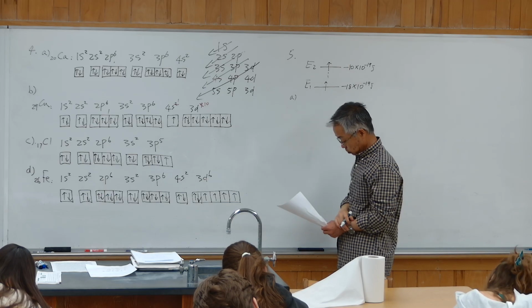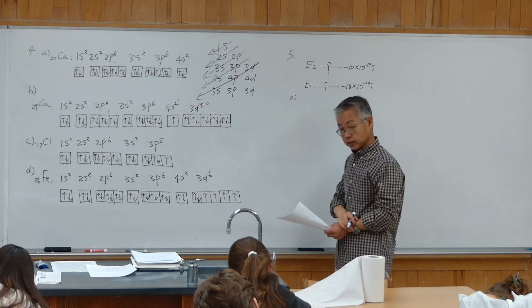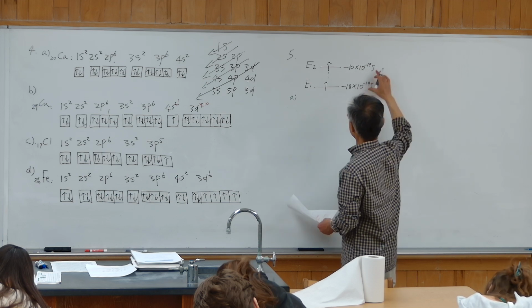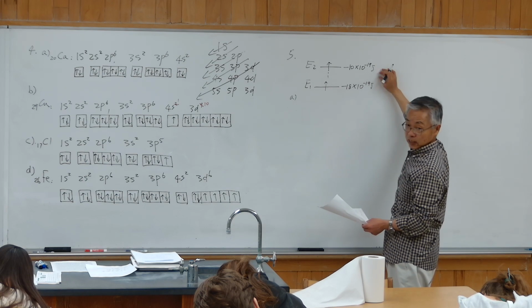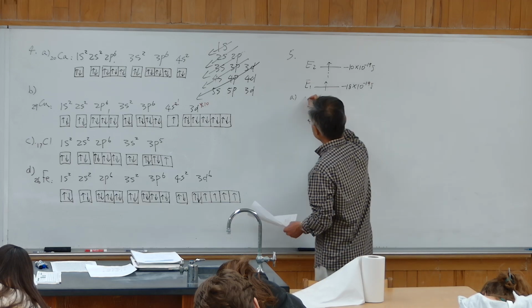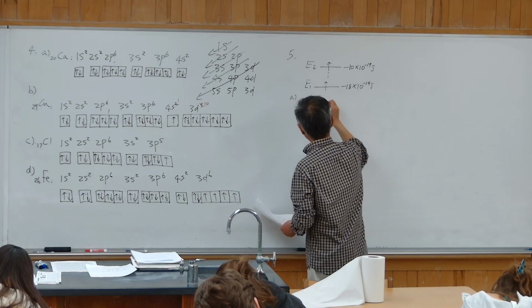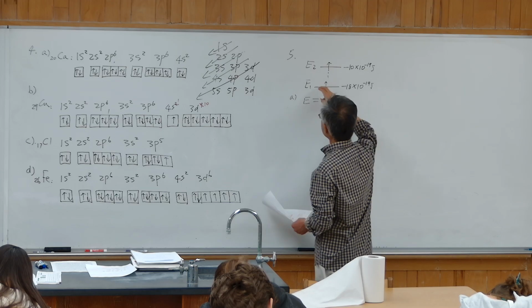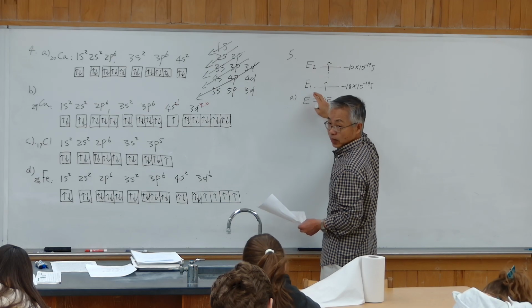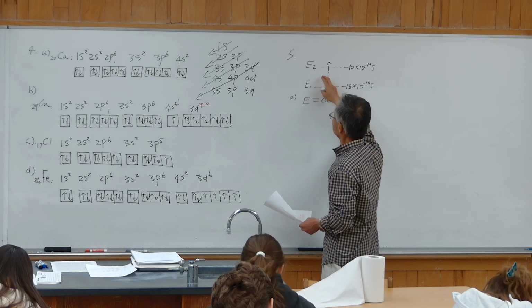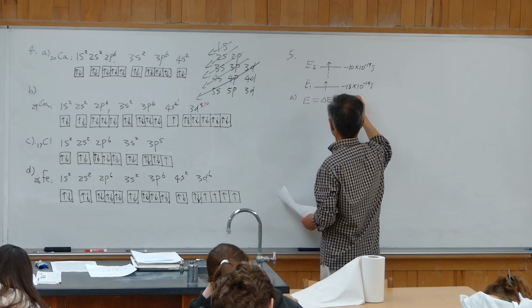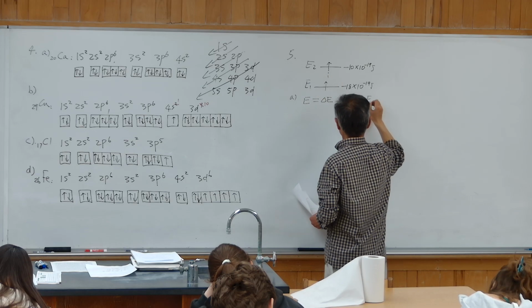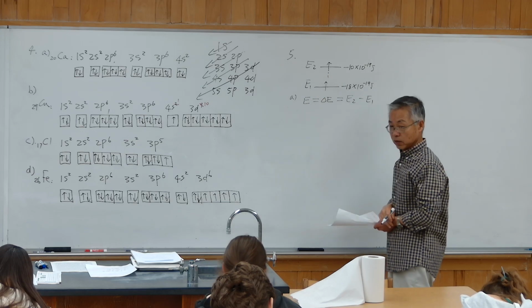it asks how much energy is needed. Of course, the energy needed is the energy difference between these two, right? This energy needed is the energy difference between these two, and the difference is always final minus initial. From here to here, of course, E2 is the final, so we have E1 minus E2.